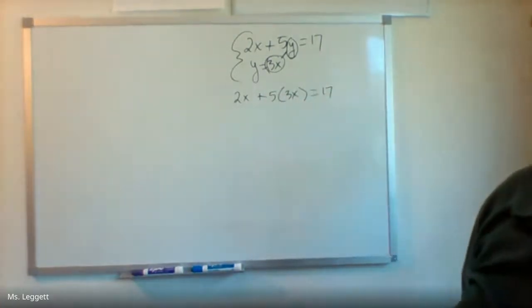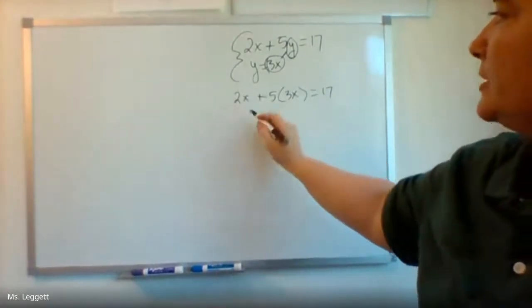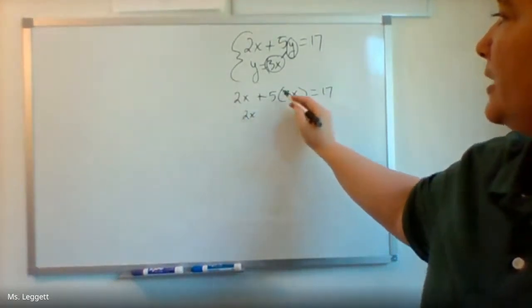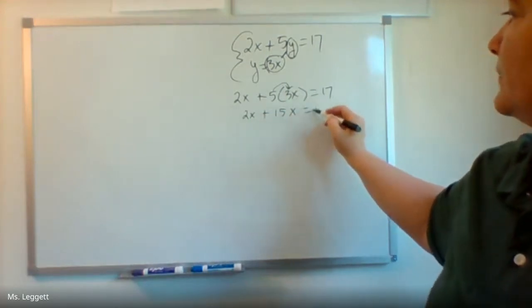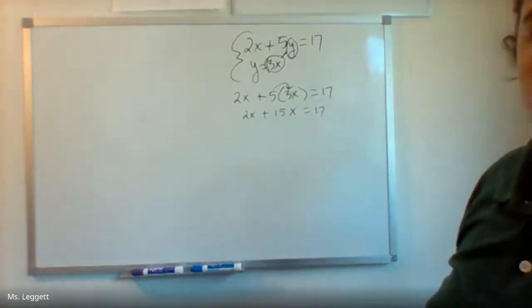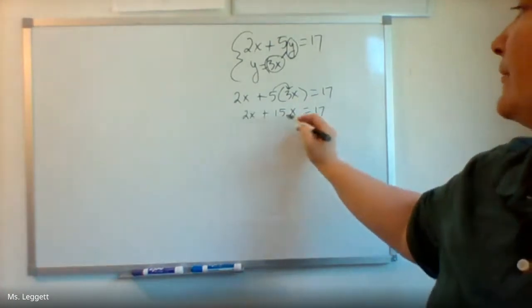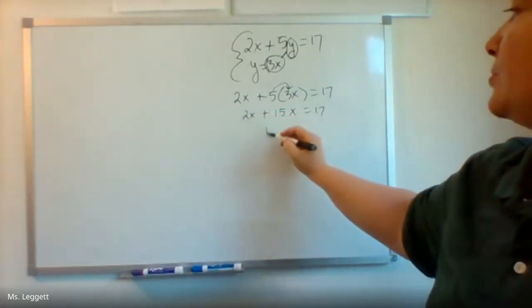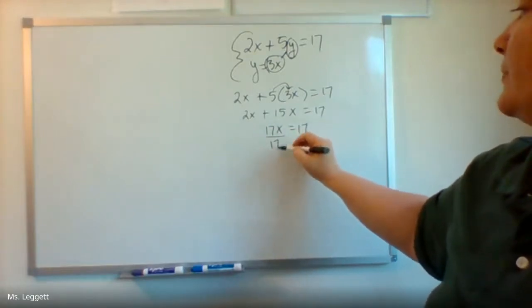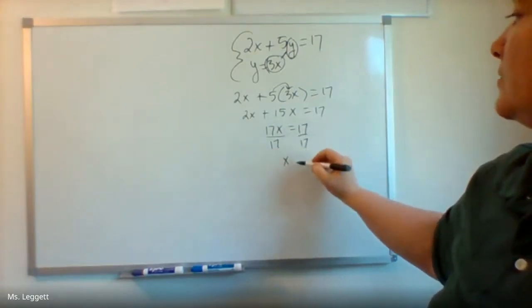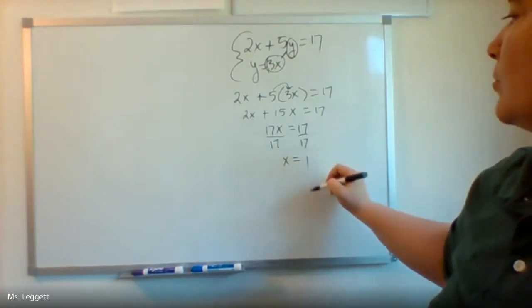And now you have to simplify. There's nothing to simplify that to. But for here, I could do 5 times 3. What's 5 times 3? Now I have to combine like terms. These both have x's with them, so 15 plus 2 is 17. If you divide both sides by 17, you get 1x equals 1.